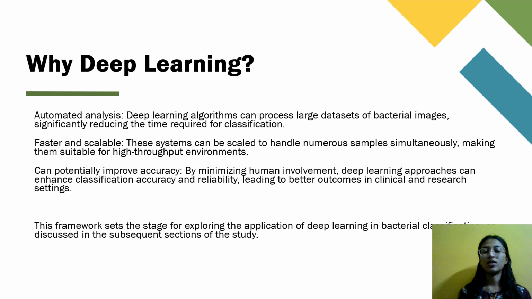These systems can be scaled to handle numerous samples simultaneously, making them suitable for high throughput environments. They can potentially improve accuracy by minimizing human involvement. Deep learning approaches can enhance classification accuracy and reliability, leading to better outcomes in clinical and research settings. This sets the stage for exploring the application of deep learning in bacterial classification as discussed in the subsequent sections of the study.